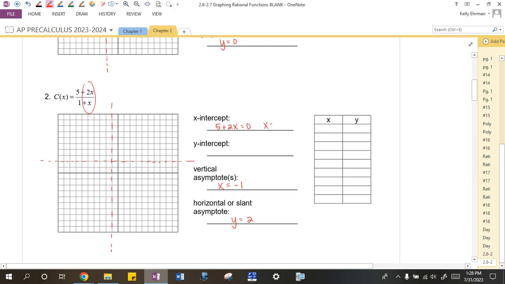That means that x equals subtract 5 divided by 2, -5 over 2. That's -2.5 right there. And for the y-intercept, you're finding c of 0. That's 5 over 1. So 1, 2, 3, 4, 5.